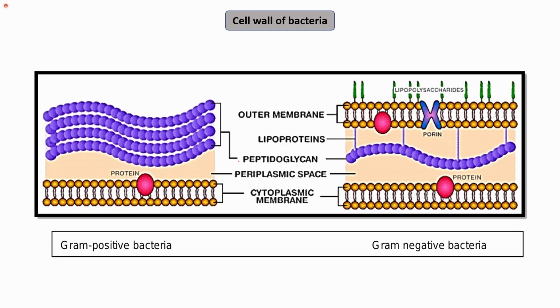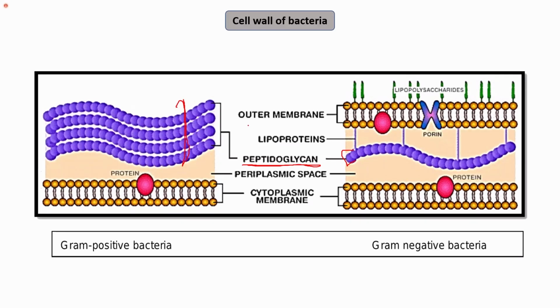This is the peptidoglycan layer, which is present in both gram-positive and gram-negative bacteria. The depth of the peptidoglycan layer is more in gram-positive bacteria, while in gram-negative bacteria, this layer is very thin. So we have a thick peptidoglycan layer in gram-positive bacteria, while we have a thin peptidoglycan layer in gram-negative bacteria.